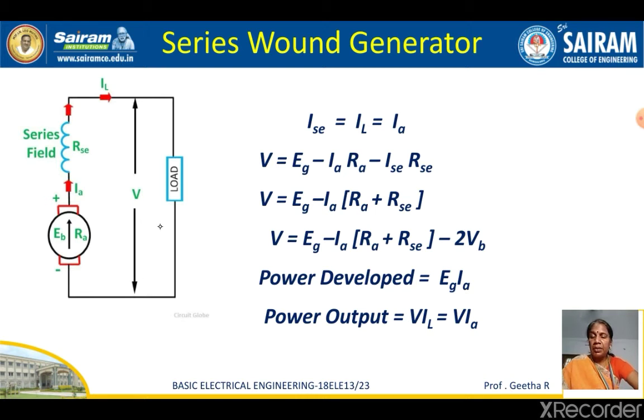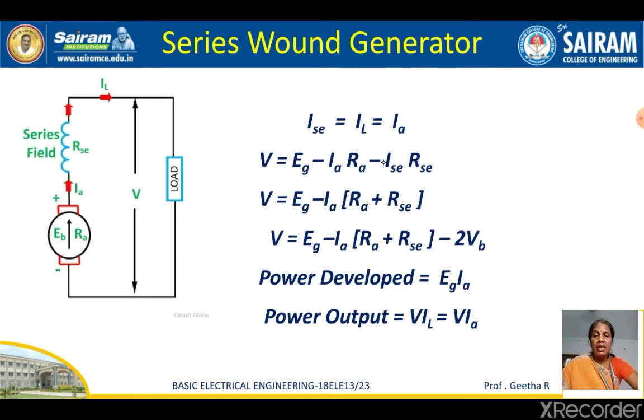The terminal voltage is nothing but the generated EMF minus Ia Ra, the armature resistance drop. Here this Rse, the series field resistance, also has some drop. So you can write V is equal to the generated EMF minus Ia into Ra minus this drop, that is Ise into Rse.